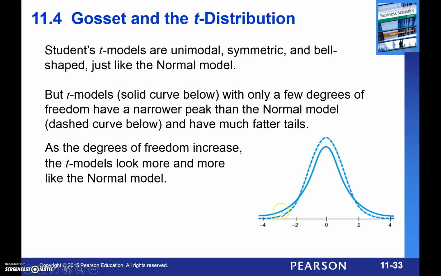You can imagine, as our sample size goes from, say, 10 to 100, these tails get less fat, so the solid lines get closer to the dotted lines, and the hump becomes wider and taller and approaches the dotted line. In fact, we'll see in the model that if our sample size approaches infinity or is really, really big, then it just becomes the normal curve.